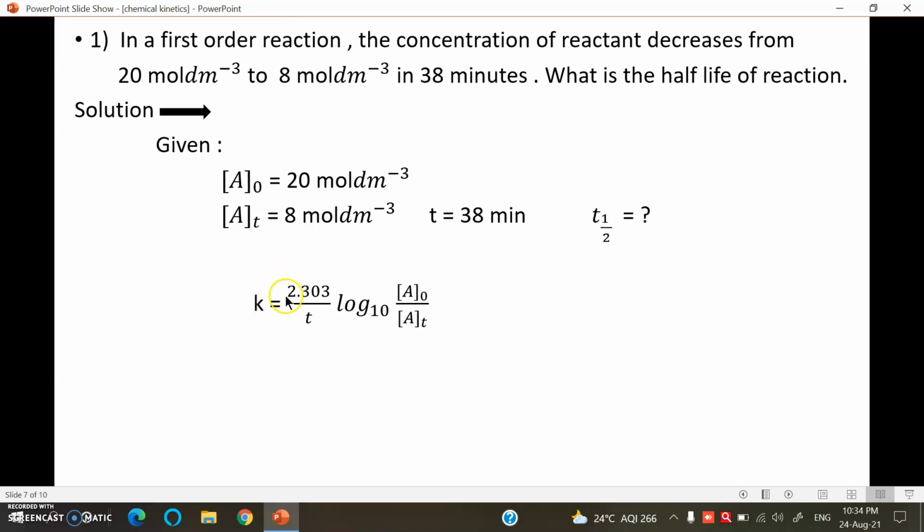k is equal to 2.303 divided by t log to the base 10 initial concentration of reactant divided by concentration at time t. On putting the value, k is equal to 2.303 divided by t log to the base 10 20 mole per cubic decimeter divided by 8 mole per cubic decimeter.